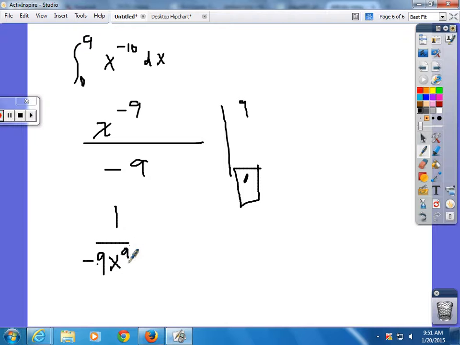Sorry, x to the 9th. So put the 9 in there. It's going to give you a very, very, very small number. I'm not even going to try it. So unless you're Rain Man, knock yourself out. You're talking about a very what? Small number. Very small.